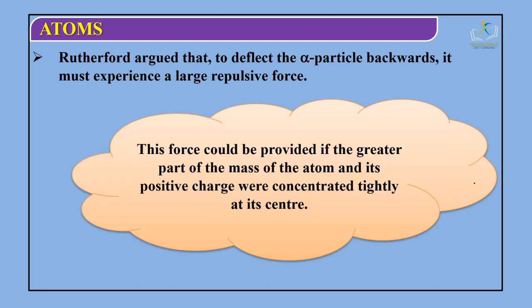This force could be provided if the greater part of the mass of the atom and its positive charge were concentrated tightly at the center. Why are we focusing on the center?